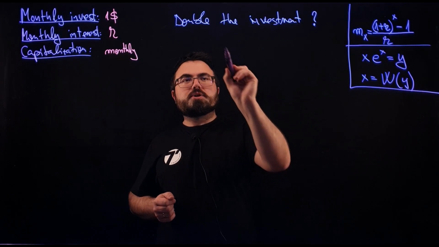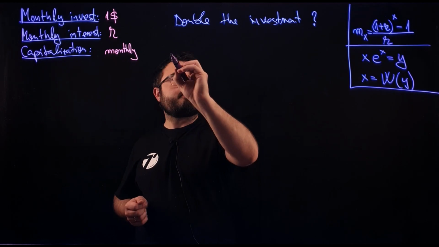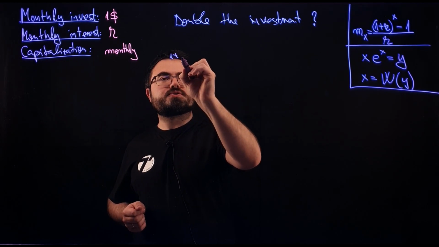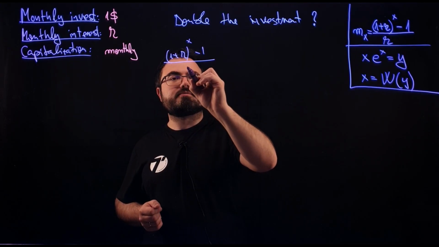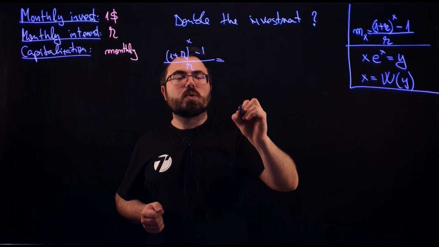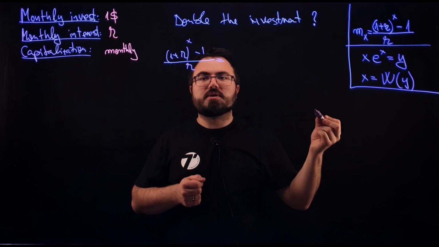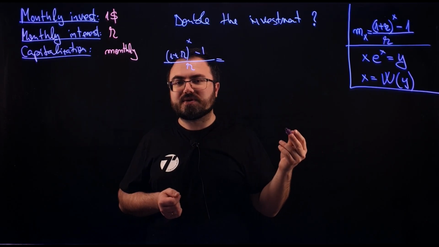Now, in order to double the investment, we have ((1 + R)^X - 1) / R equal to the actual amount of money that was invested.